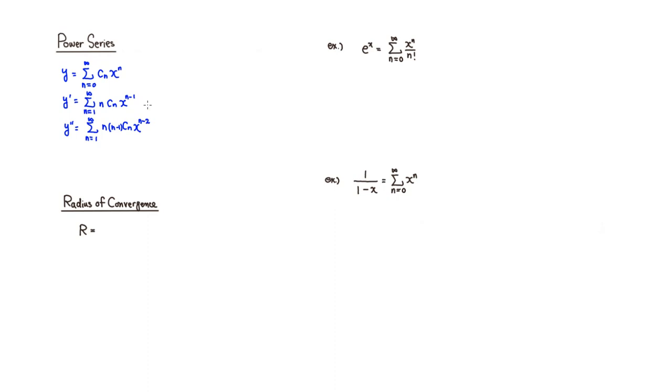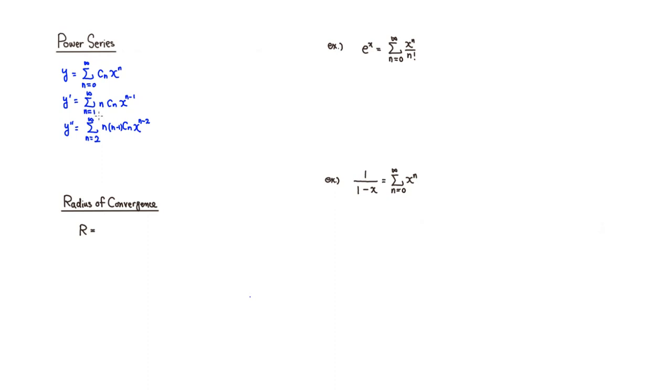For the same reason, when n equals 1 this is going to be 0 anyway, so we can just start from 2. So those are the derivatives, and it's very easy to find derivatives of power series because this is essentially a polynomial function of infinite degree.